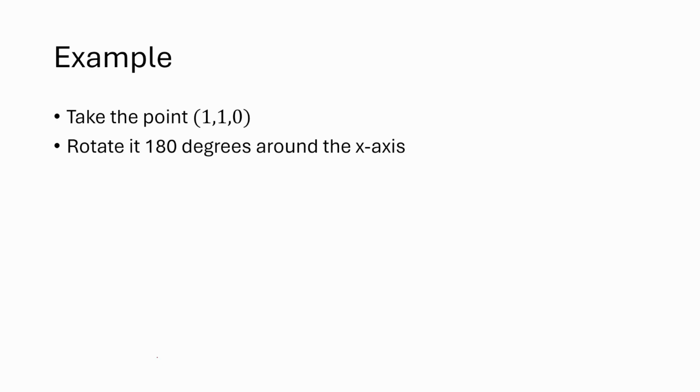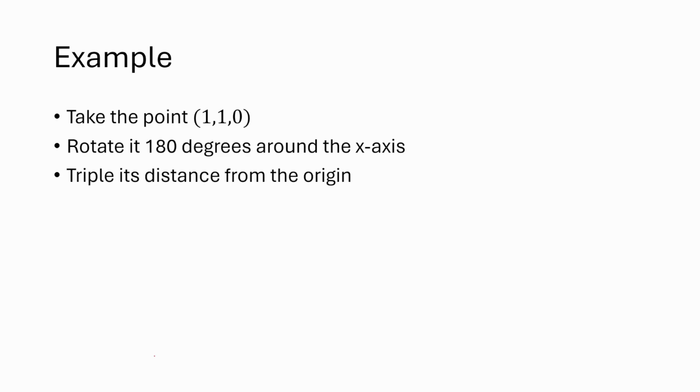For example, we're going to take this location in 3 dimensions, 1, 1, 0. So this is in the xy plane, right 1 over 1, and then it is at a height of 0. We're going to rotate it around the x-axis.